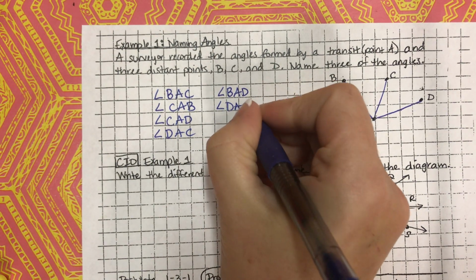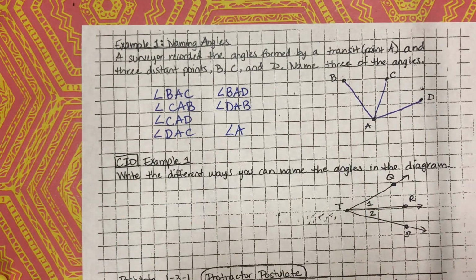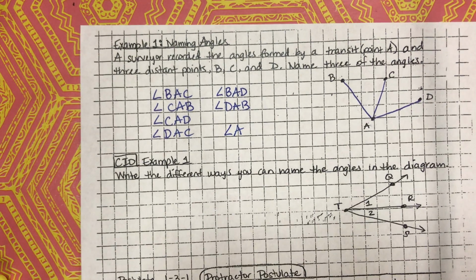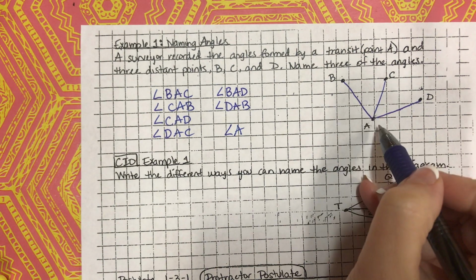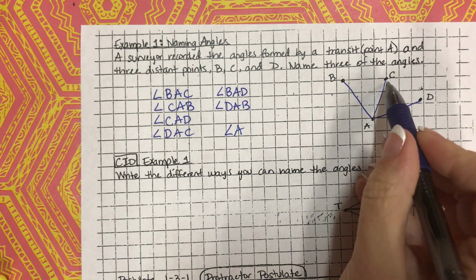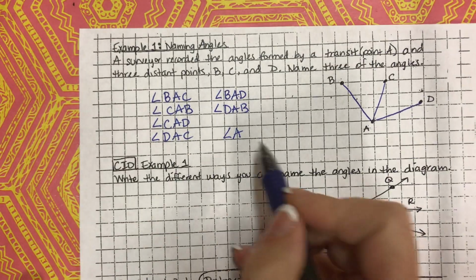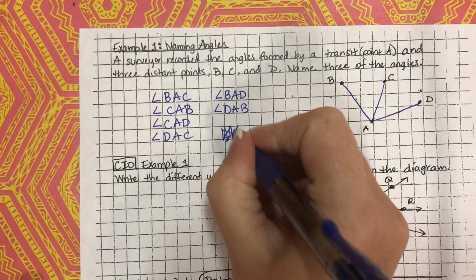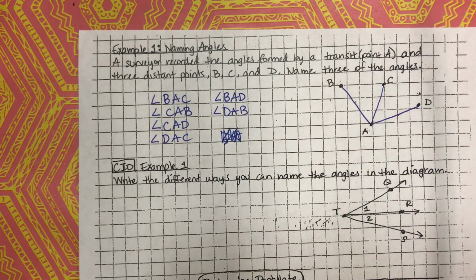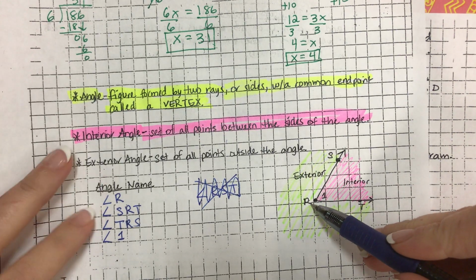Angle DAB. Now, could we call this just angle A like we did in the previous example? Well, with this problem, if I just say angle A, do we know if we're talking about this angle, or the big angle? We don't. That is not specific enough. So in this example, we couldn't just call it like that. Over here, we could call this just angle R, right?